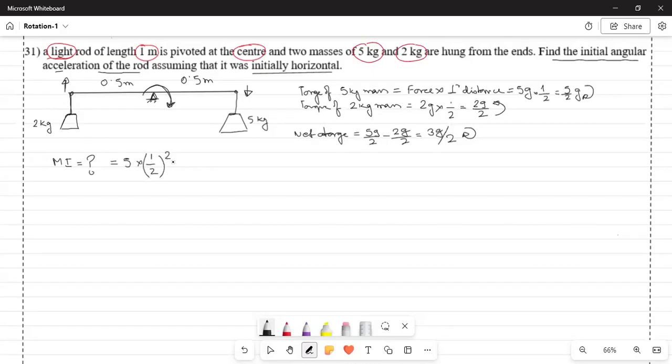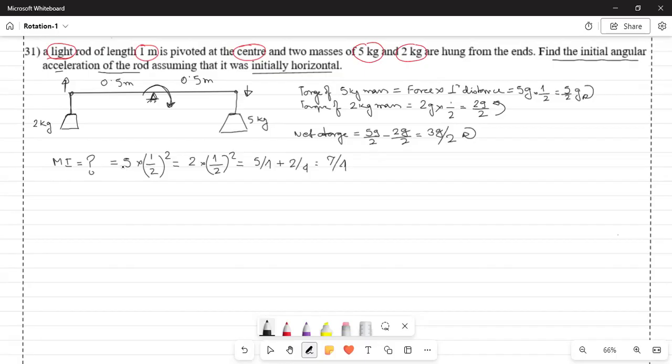Moment of inertia is m r square, plus 2 kg, m into r square, half square, is equal to 5 by 4 plus 2 by 4 equal to 7 by 4 kg m square. So this is the moment of inertia. Remember, the torque is force multiplied by distance, so you have to write 5g. But the moment of inertia is m r square, so you have to write only 5. There is no use of g here.